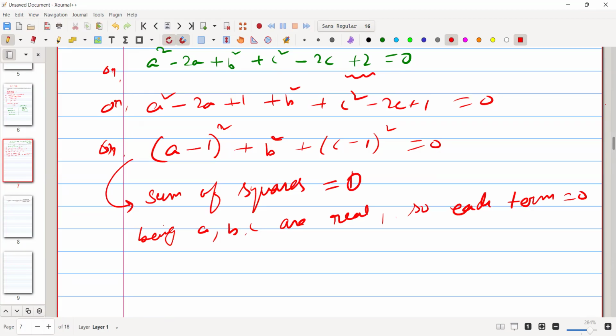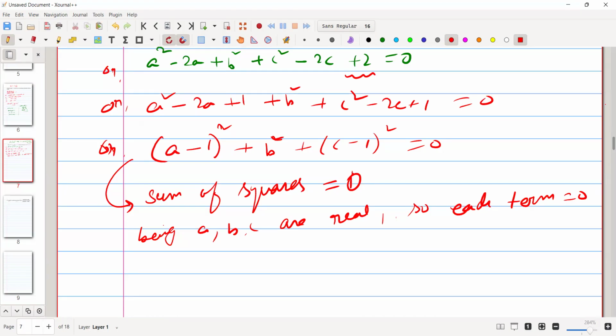And if the squares of these terms are not 0, then we get positive values, and the summation of three positive values will definitely be positive. But the summation of these three terms is equal to 0, and that's why there is only one solution for that. That is, each term is equal to 0. That means we can set each term equal to 0, and from that we can solve for the values of a, b, and c.